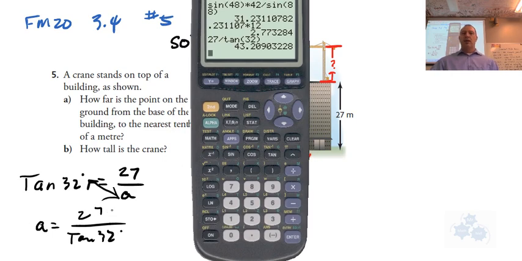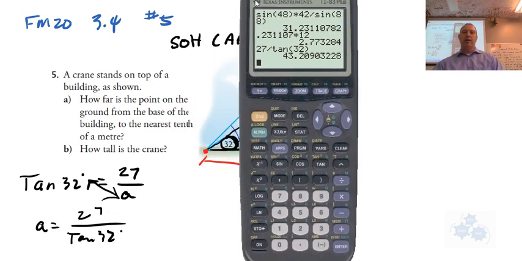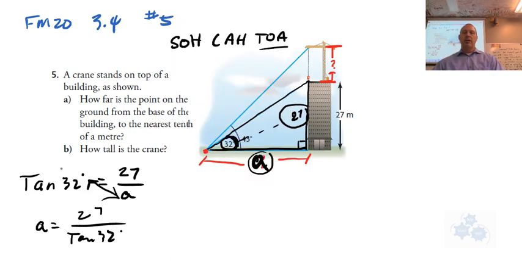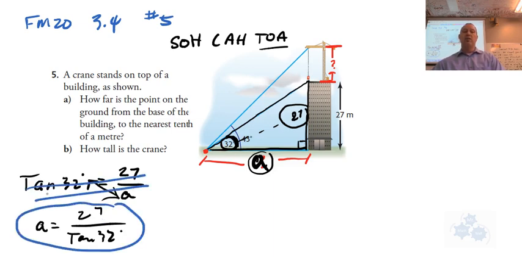Yeah. Okay, here's the thing. I appreciate the question. I have seen so many students get this wrong when they bypass this step. If you don't write out the actual tan, they divide tan 32 by 27, or they go 27 times tan 32.